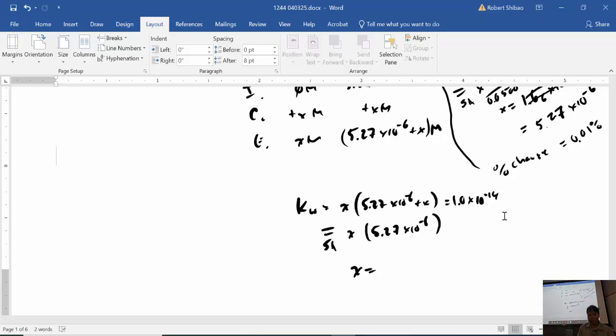So I have 1 times 10 to the negative 14 divided by 5.27 times 10 to the minus 6.